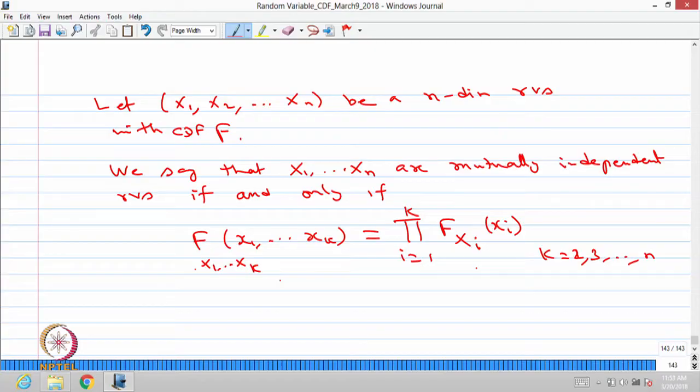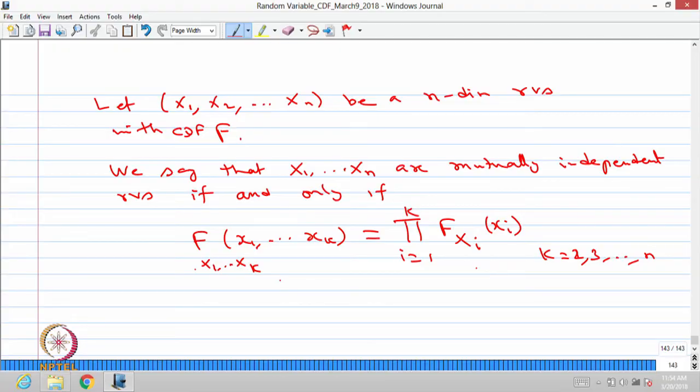The same thing holds here: if you have n random variables, whatever number of random variables you take from those n that satisfies the independence condition, starting from any two till all the random variables, then we conclude they are mutually independent.